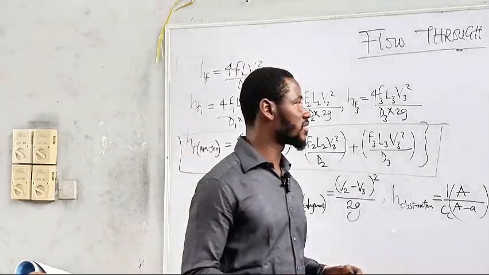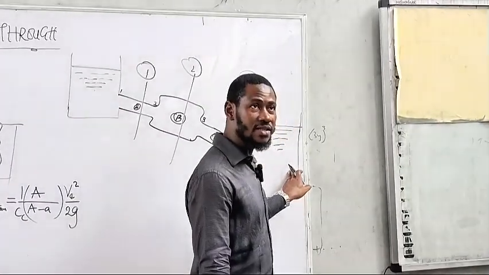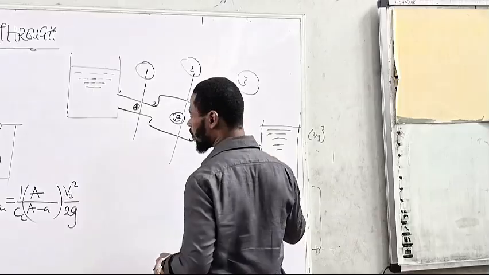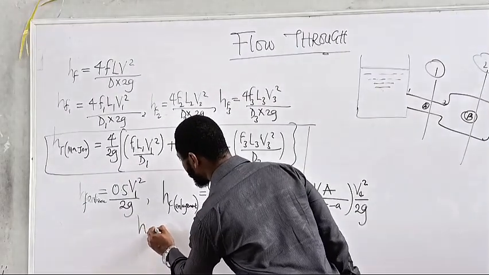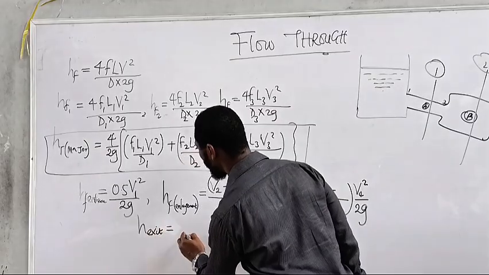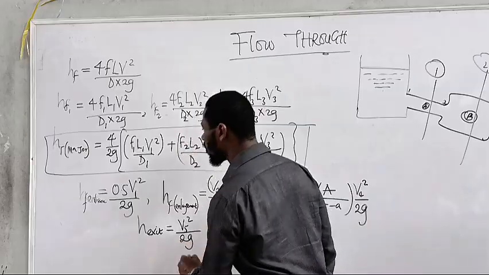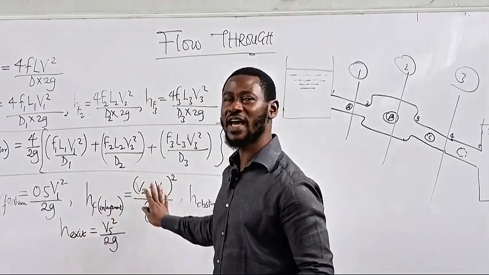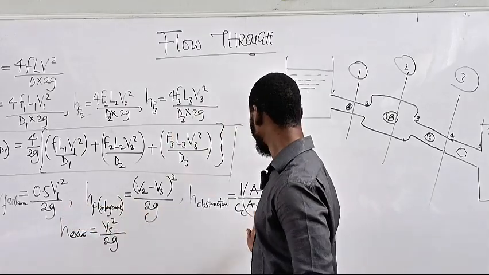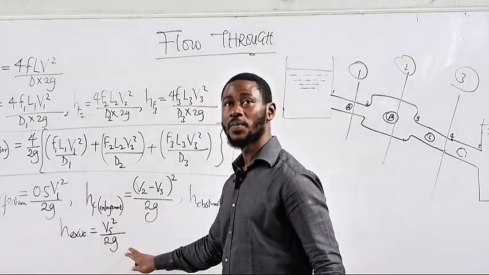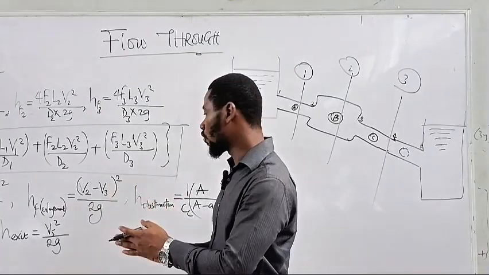Then at the final state, as 4 is coming to 5, what happened to 5? 5 is exiting the pipe. So at the exit level, H exit equals V5 squared over 2g. So the summation of all the head losses is what we are about to do now. We have 1, 2, 3, and 4, so we add up everything together to have another new equation.